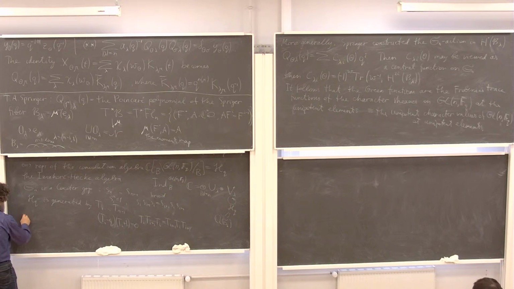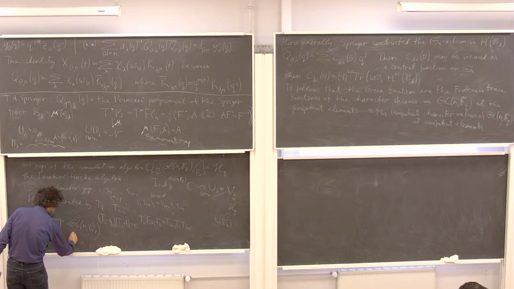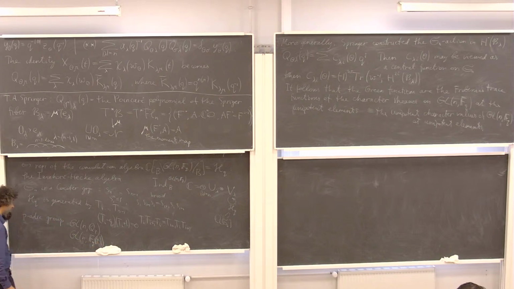And now we can consider, say, a p-adic group, GL n of Q p, or maybe GL n of the formal Laurent series over F q, something like this.